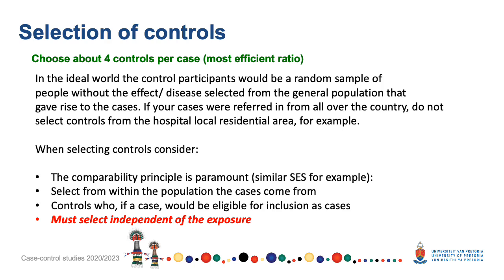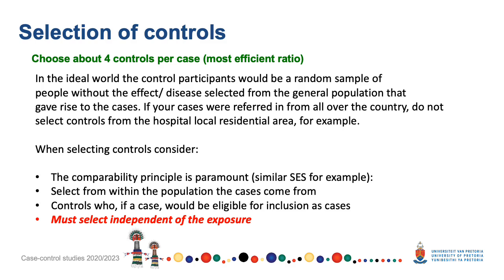The first problem is that there is a tendency, if one is not very careful, that you might select inappropriate controls that are not representative of the population from which your cases have arisen. You don't want that to happen because then you're not comparing to an appropriate control. So when selecting controls, consider things like the comparability principle.